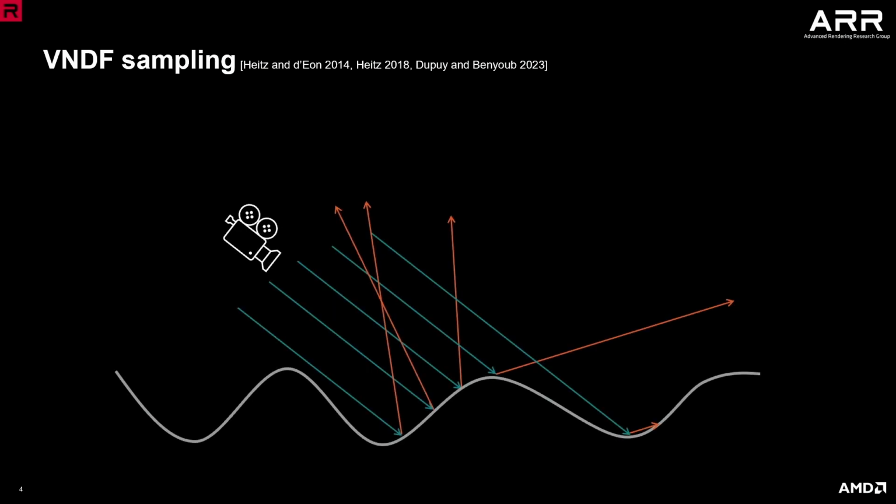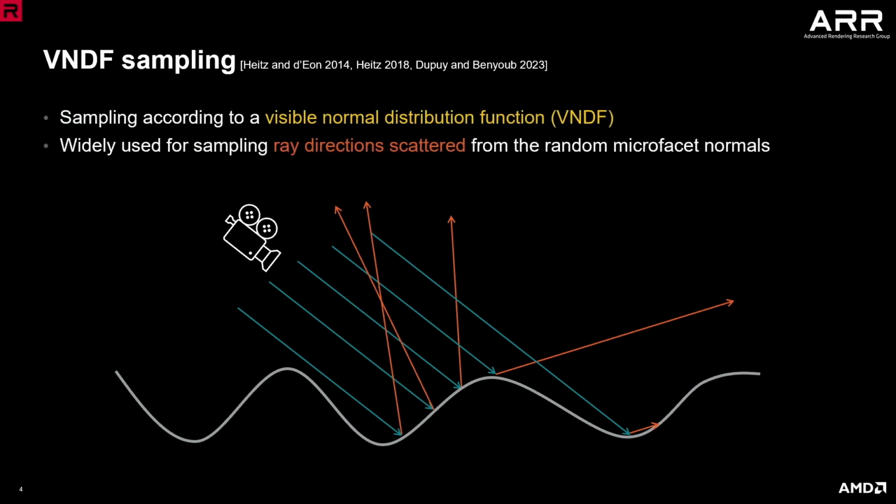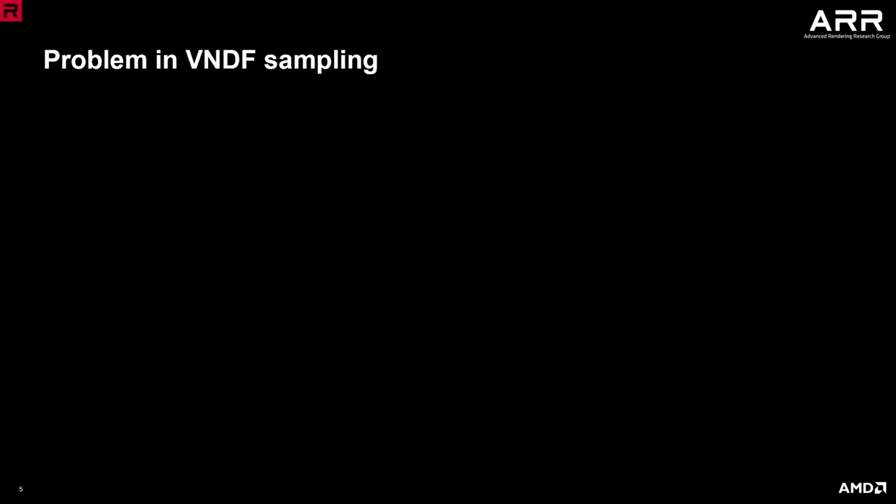When we want to render the surface by ray tracing, we need to sample outgoing directions from the BRDF at the shading point. Sampling according to a visible normal distribution function, VNDF, is widely used to sample those ray directions scattered from the Smith GGX microfacet BRDF. Although VNDF sampling is especially efficient for highly glossy materials, it is not always efficient for rough surfaces.